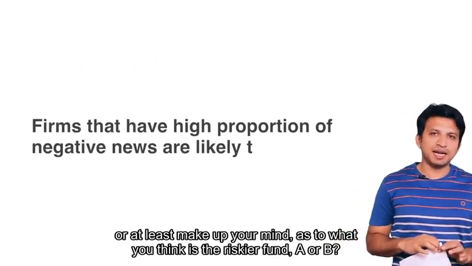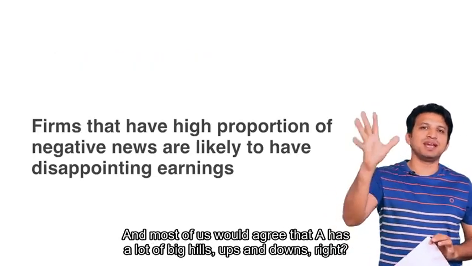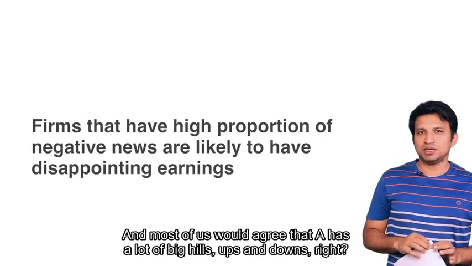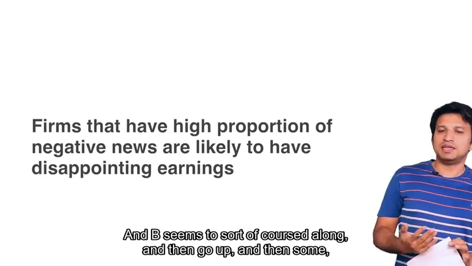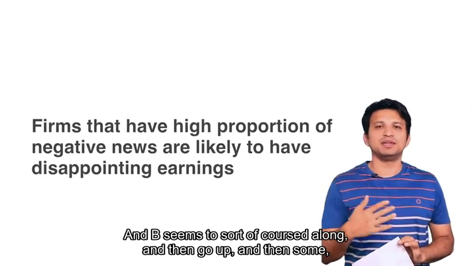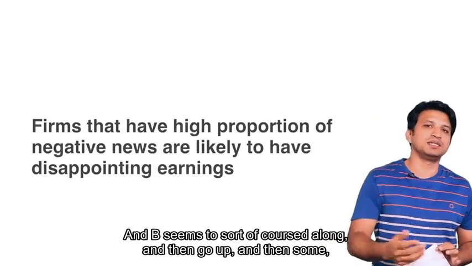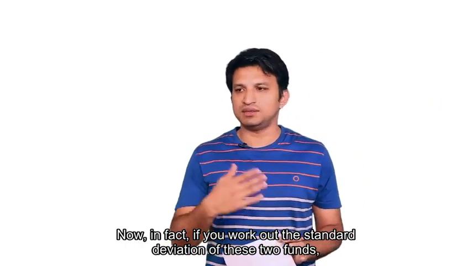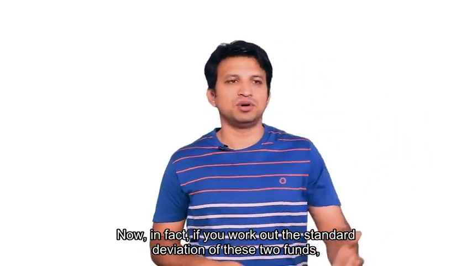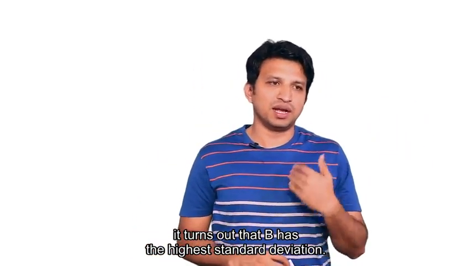Now firms that have a high proportion of negative news, the claim, the hypothesis in this paper, is their earnings are likely to be disappointing. The upcoming earnings are likely to be disappointing. Now you may wonder, so what? If earnings are disappointing, there are analyst reports, there are other research reports.